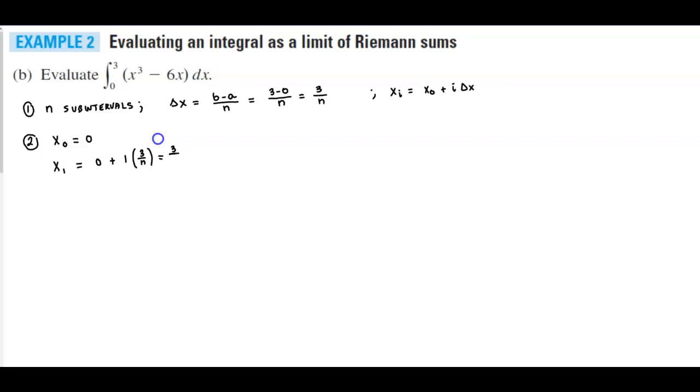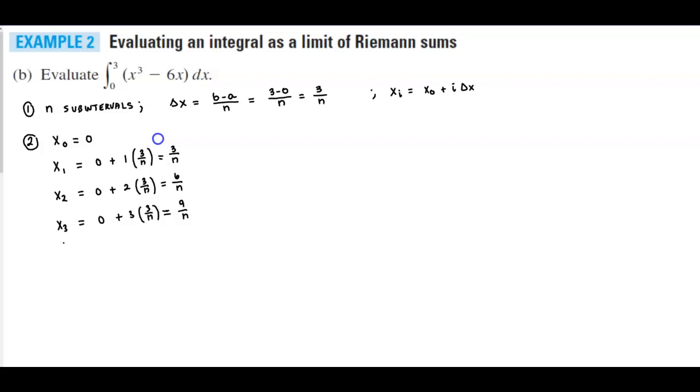So we have 3 over n. If we wanted to find x subscript 2, this would be 0 plus 2 times 3 over n, which is equal to 6 over n. And x subscript 3 would equal 0 plus 3 times 3 over n, which is equal to 9 over n.